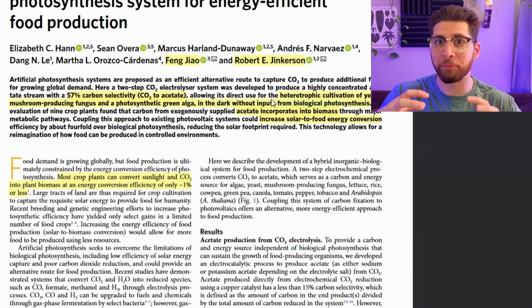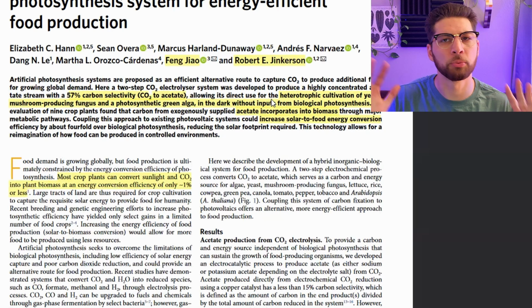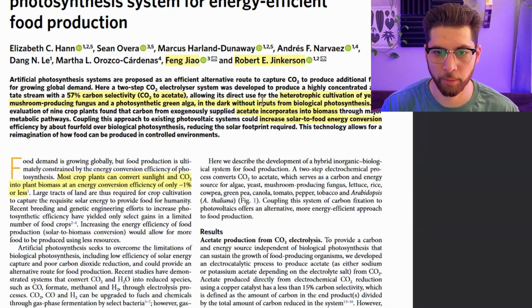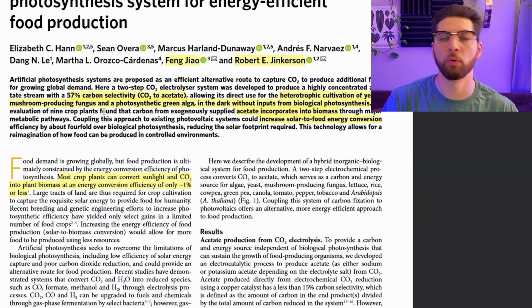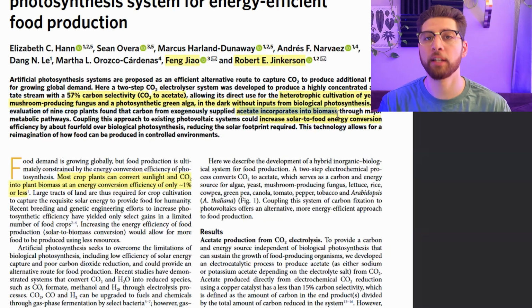So in the dark, we're growing algae in the dark, right? You think it's a photosynthetic organism, it is, but we can also grow it heterotrophically. Algae is really good at doing this. Regular plants are less good at doing this, and we'll talk about that more. So they showed that from crop plants, so you can think of like corn or beans, they tried a few different crop plants. They found that acetate is incorporated into the plant.